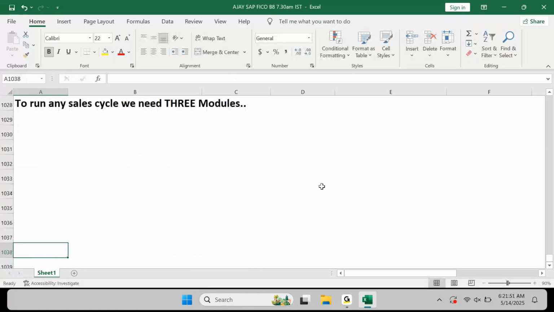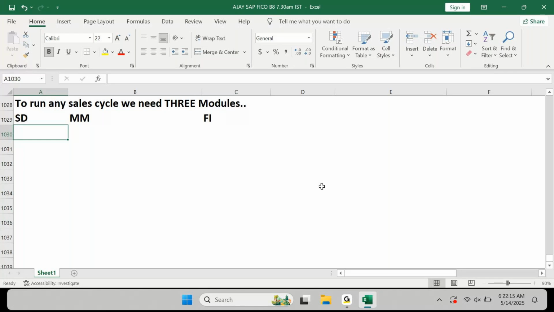How many modules do we require to run a sales cycle? You need 3 modules. SD, MM, FI. SD, you need MM, you need FI. Only then is sales possible in a company. Straight away without FI, you cannot make any sale.